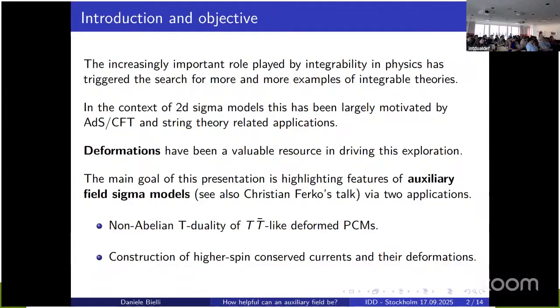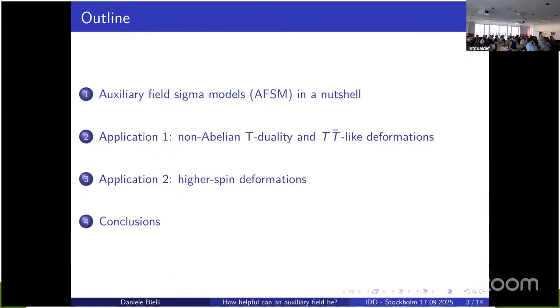I would like to highlight some nice features and some possible drawbacks of this approach, by discussing 2 applications that we have been working on. The first is the non-abelian dualization of TT-bar-like deformed PCMs, and the second is the construction of higher spin conserved currents and their associated deformations. I will very briefly recap the auxiliary field sigma model in one slide, then discuss these 2 applications, and then wrap up.